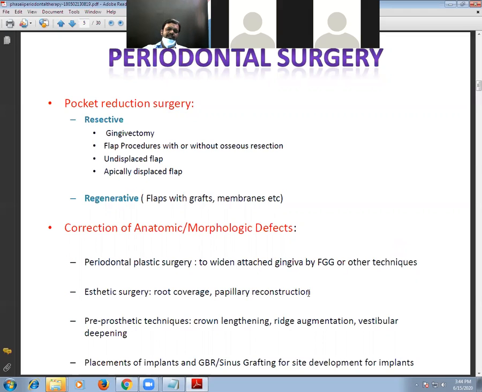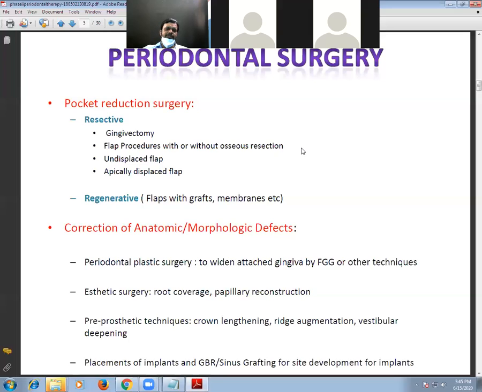So guided bone regeneration surgeries are also performed during your phase 2 therapy. Then comes sinus lift, whenever there is inadequate height for placement of implants in your maxillary posterior region. In those cases, we perform sinus lift procedures or sinus grafting.